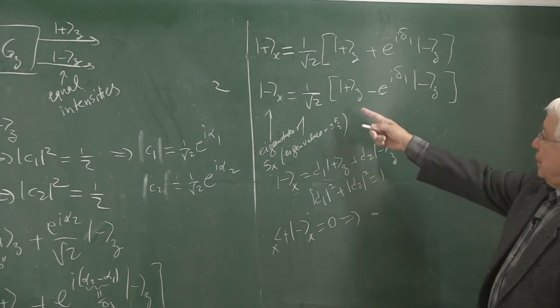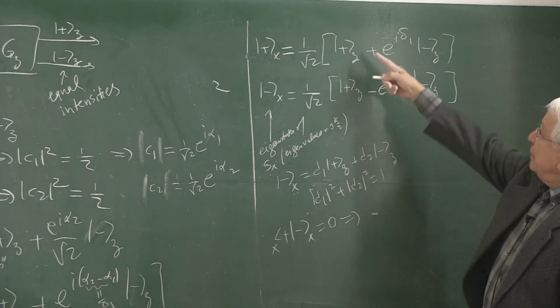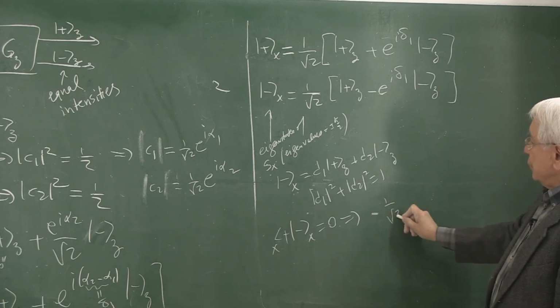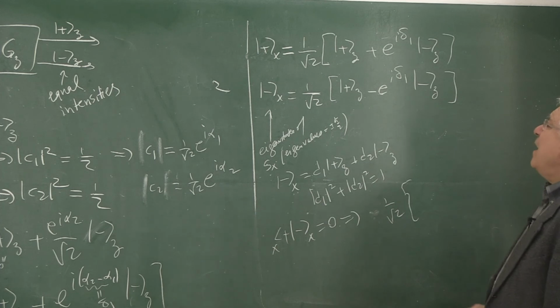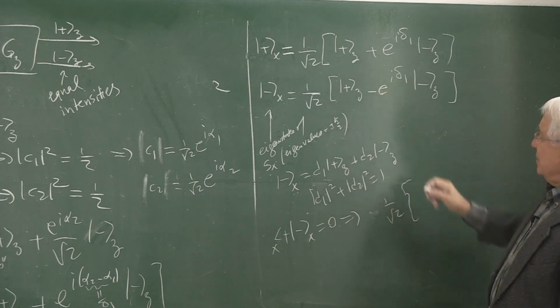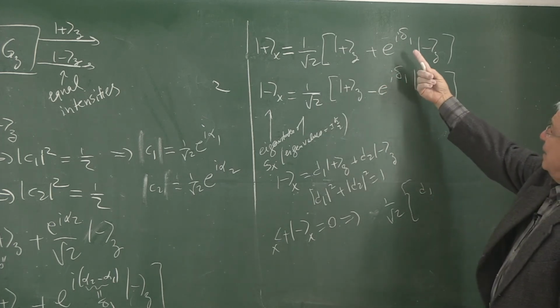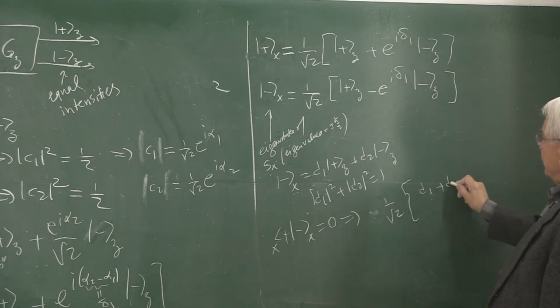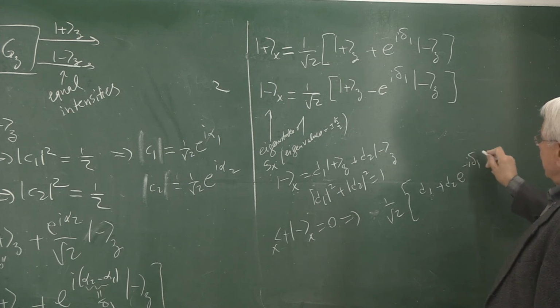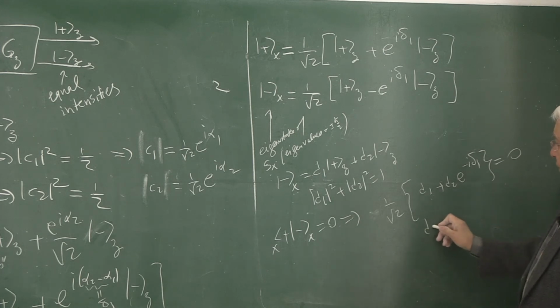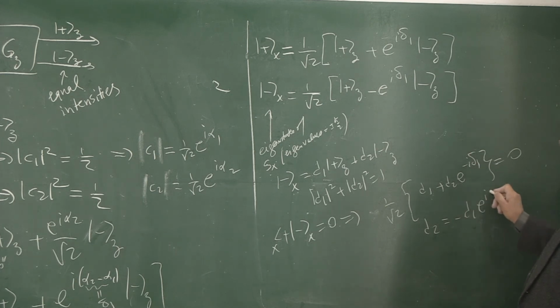How do you take this? The inner product of this new state and that state gives you 1 over square root of 2. That's the overall factor. 1 plus gives you d1, and this is coming from the left, so e to the minus i delta 1, so d2 e to the minus i delta 1 is equal to 0, right? So this tells you that d2 is minus d1 e to the i delta 1.